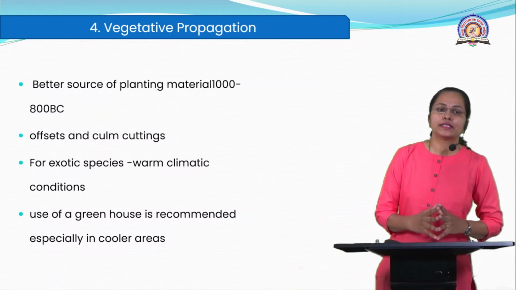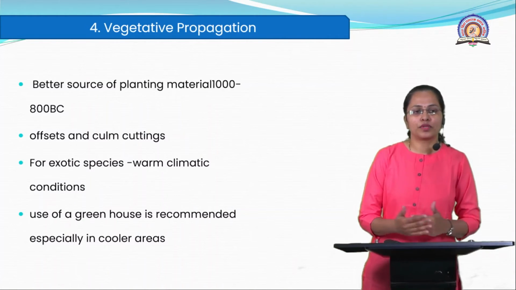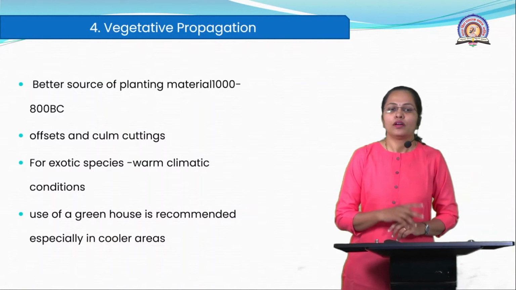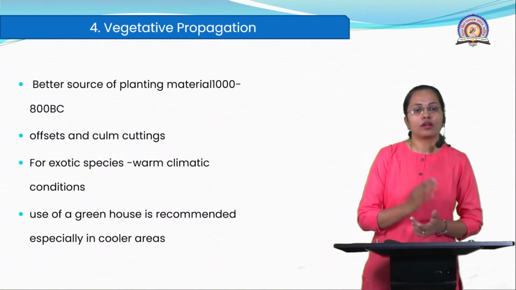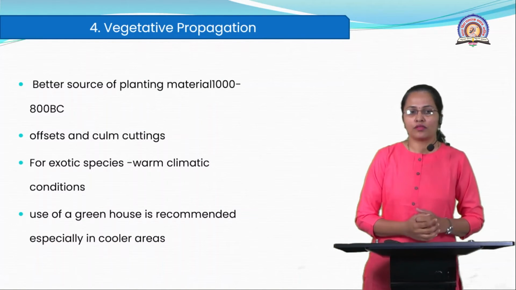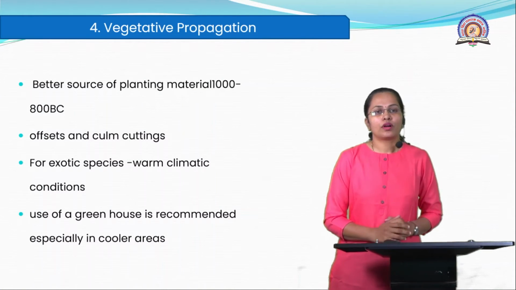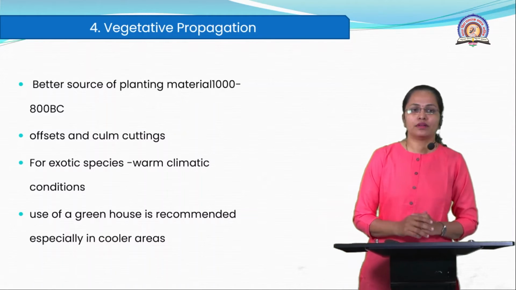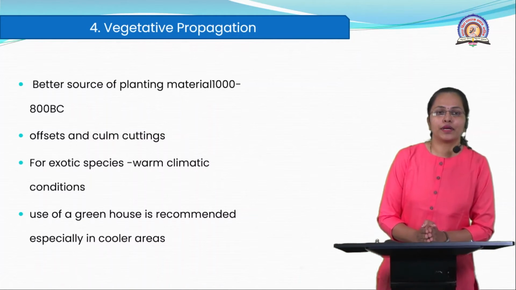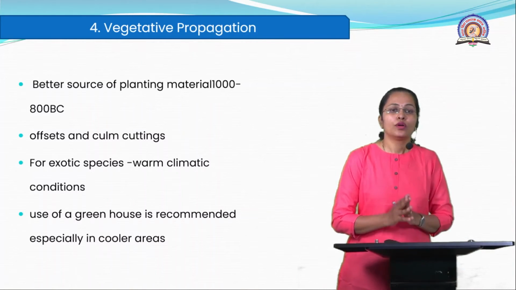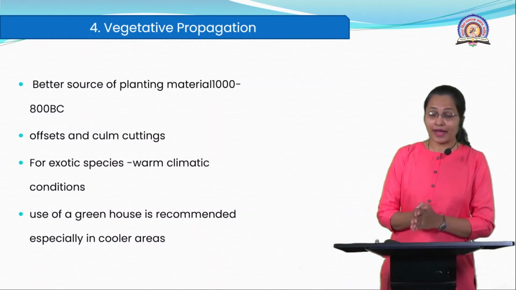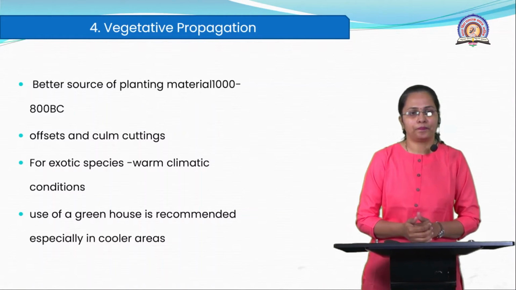In order to get this plantlet from the bamboo, we are going to select 1 to 2 nodal portions of the stem or clump. How? We'll see that one by one. Now, the vegetative propagation method is a very good and better source, having the capacity to produce 800 to 1000 new plantlets at a time.